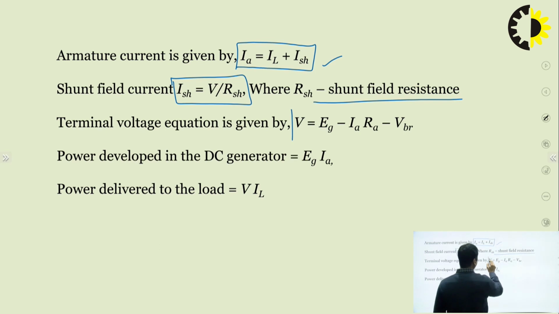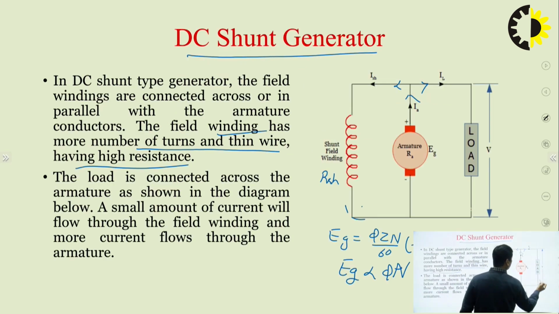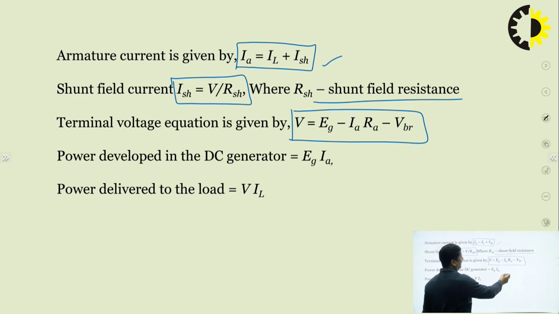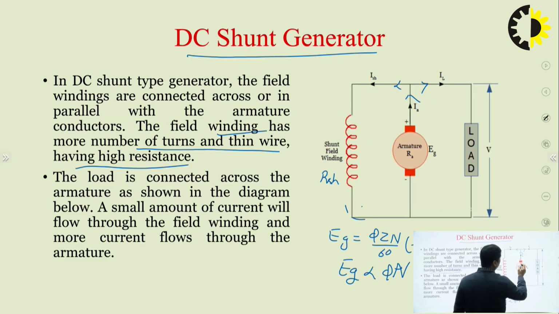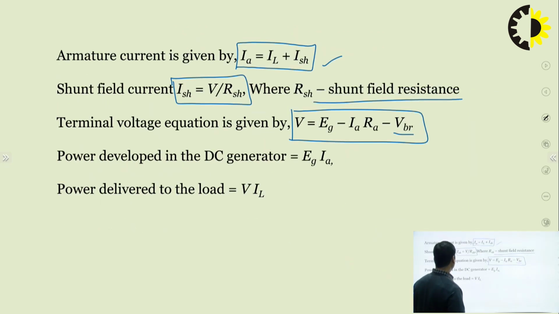The terminal voltage is given by this expression: V is equal to EG, the voltage induced in the armature, minus the armature resistance drop and the brush drop. The brush drop occurs because the brushes are of carbon or graphite, so some drop of around 1 volt or 2 volts takes place. So this is the equation.